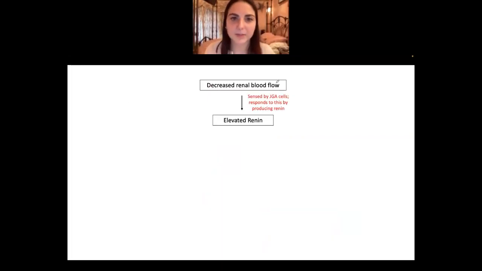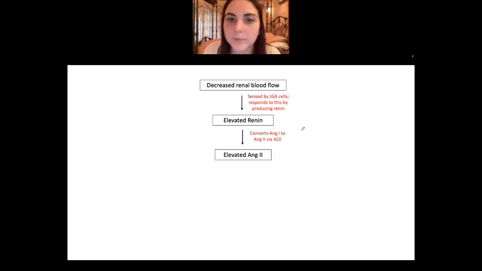So here's your pathophys. We have decreased renal blood flow, and this is going to be sensed by your JGA cells, those cells of the juxtaglomerular apparatus. Those JGA cells are going to respond by producing renin. So again, we're tying in cardio and renal really nicely here. Those JGA cells sense the decreased blood flow and produce renin.